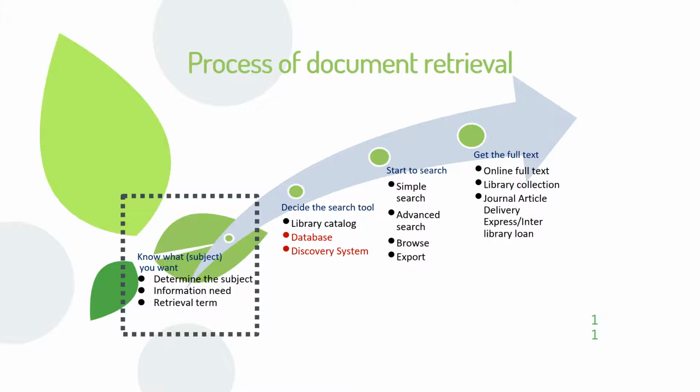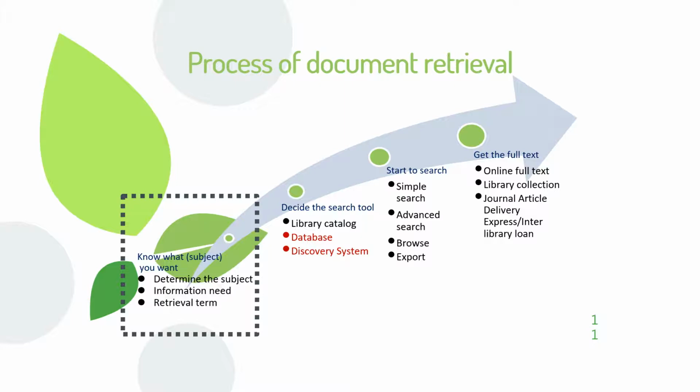Let's talk about basic search principles. This is the process of document retrieval. First, you must determine the research subject and get keywords that might relate to your topic. Second, depending on your research subject, you must choose a better tool, like catalog, discovery system, or database.